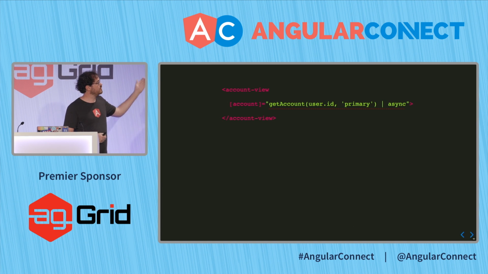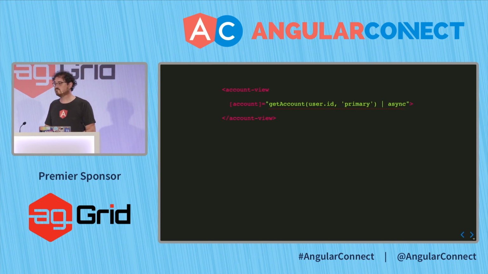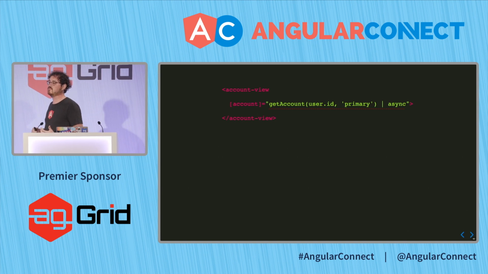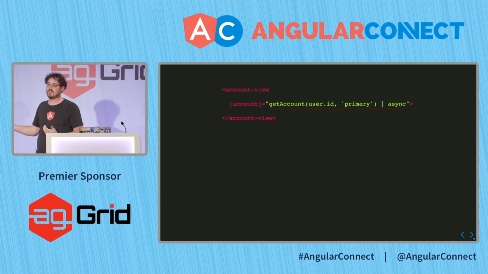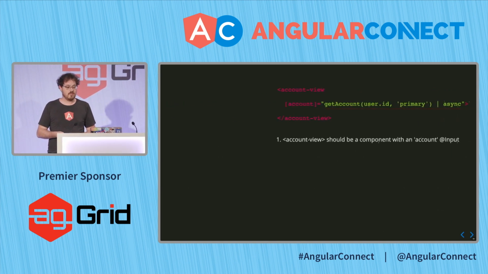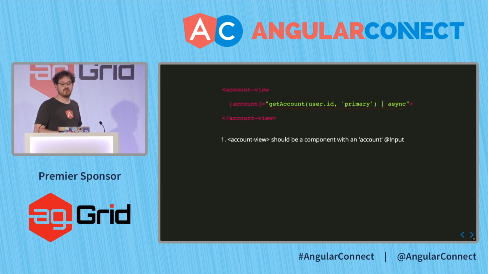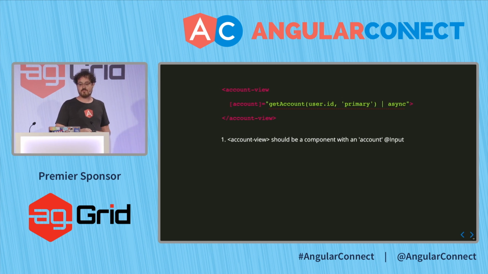So here's a fairly simple Angular template. We have one component, we have one binding, and a slightly complex expression with an async pipe. And even in this pretty simple template, there's a lot that needs to be correct at runtime for this to work. Firstly, account view here should be a component, right, with an input called account.